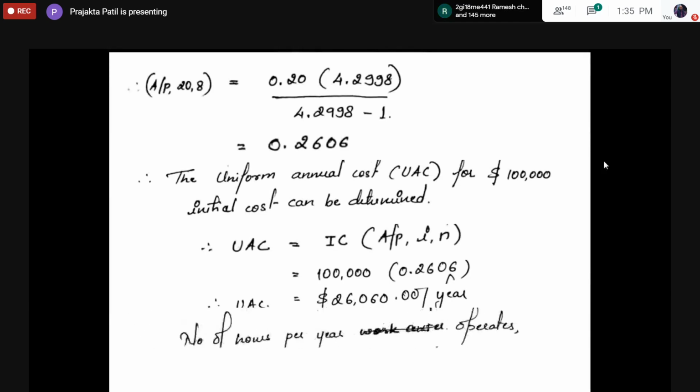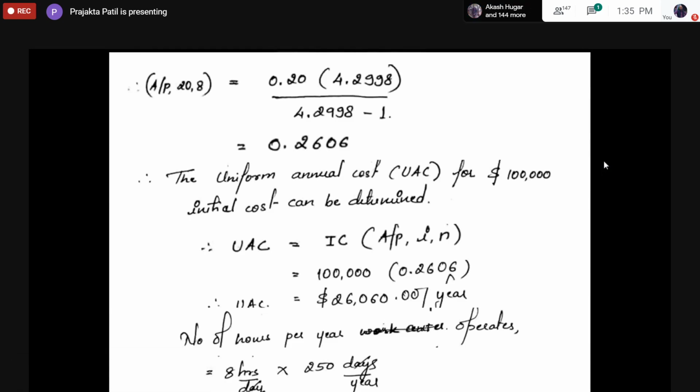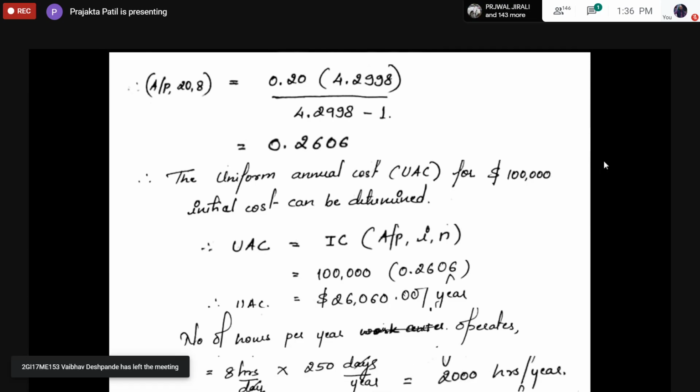So the number of hours per year the work center operates is 8 hours per day into 250 days per year, so you get 2000 hours per year.